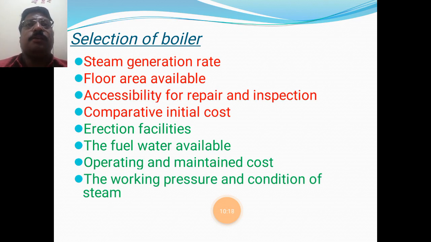These setups are used for the production of electricity, so if the cost is very high compared to the production, it will not be useful. Then erection facilities, fuel and water availability, operation and maintenance cost, and working pressure of the steam. If you require low pressure or high pressure boilers, based on that we select the type of boiler. Okay, thank you.